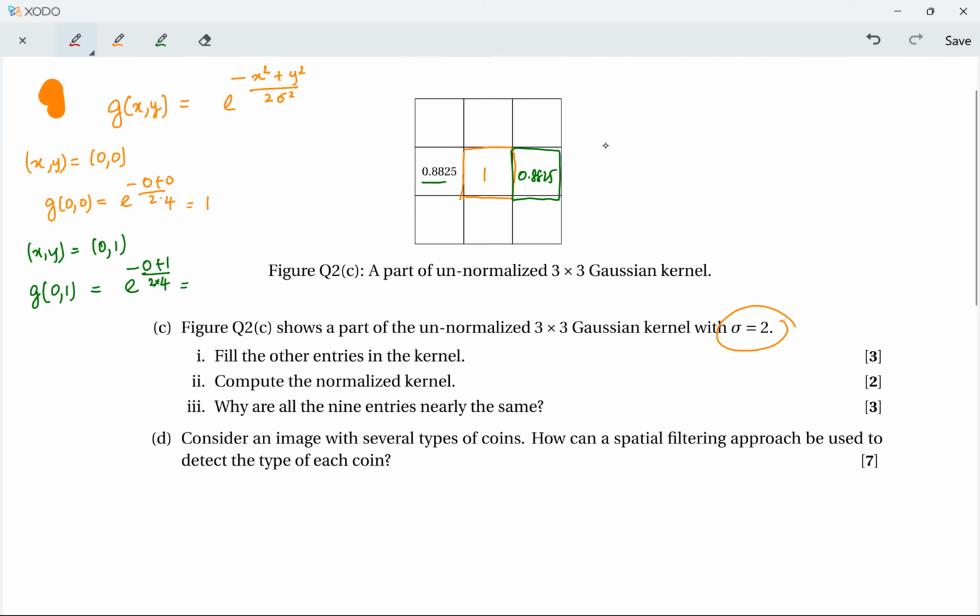Then let's consider this number. This is g(1,1), which equals e to the power of minus, sorry, we have to square them, so 1 plus 1 divided by 2 times 4.